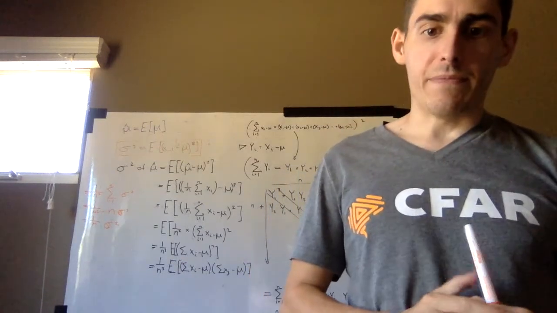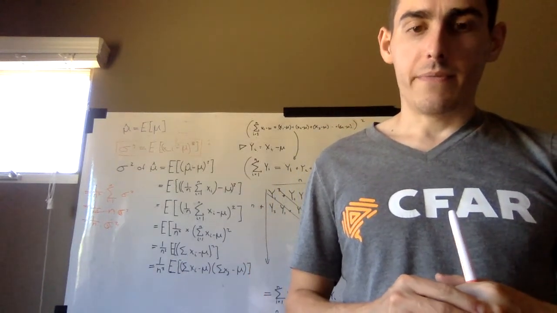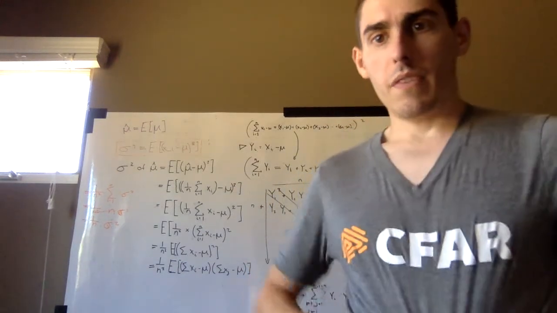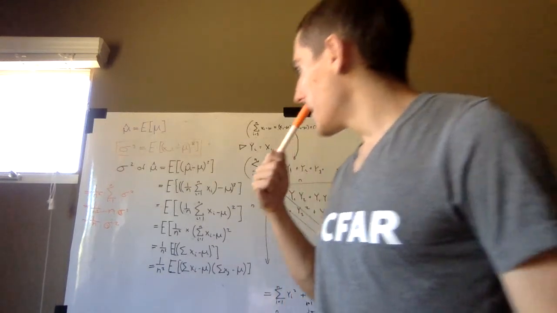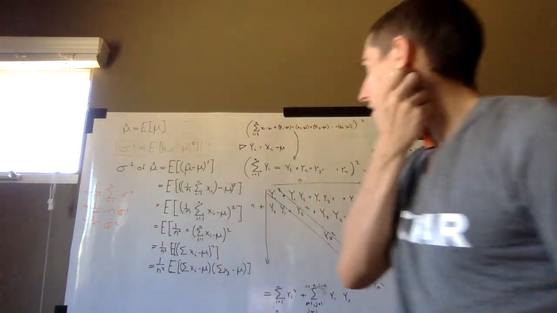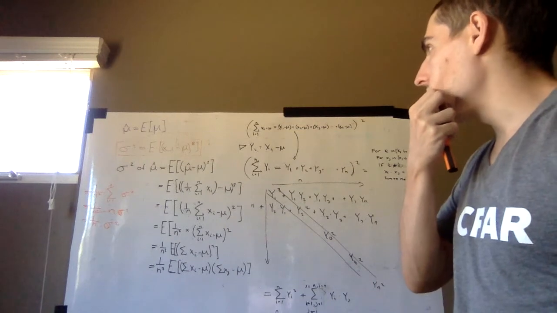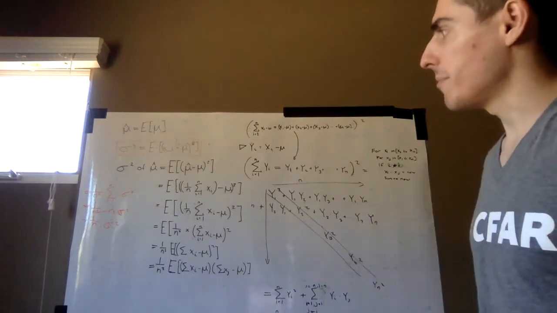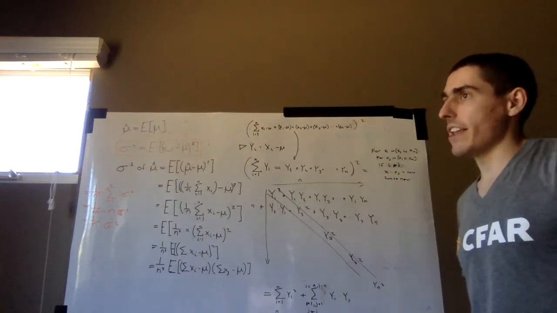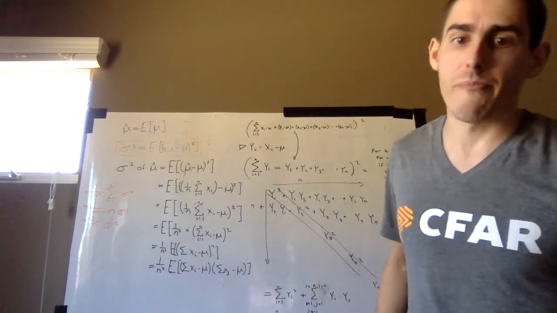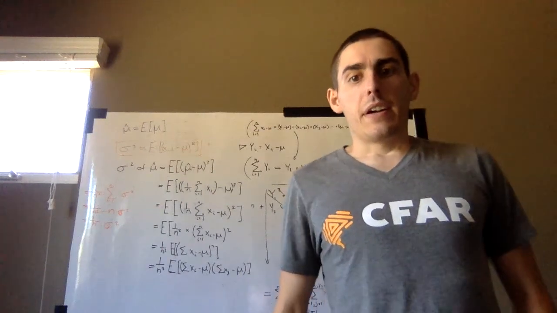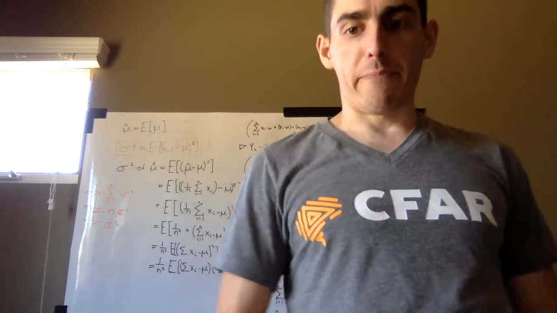The variance of the sample mean is equal to 1 over n of the variance of the whole population. Okay, cool.